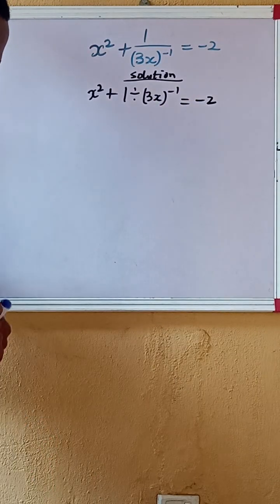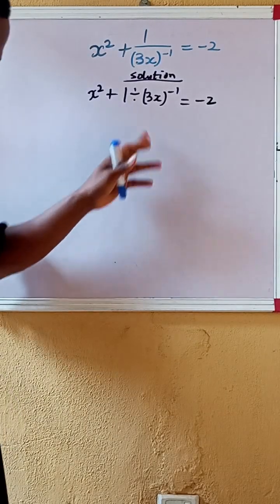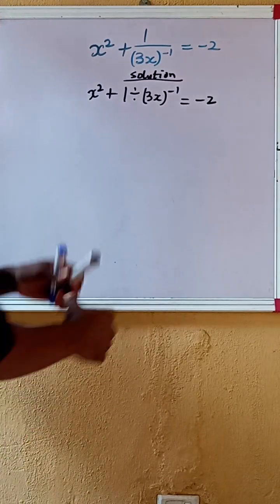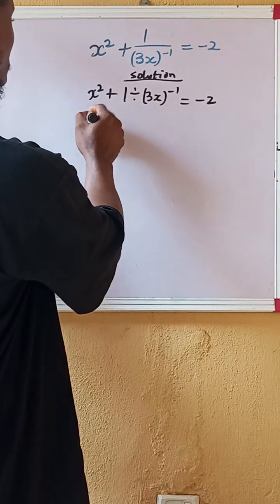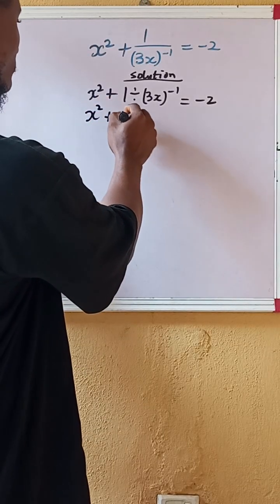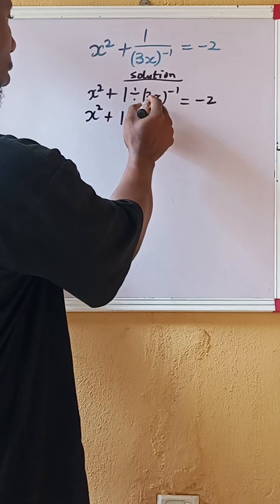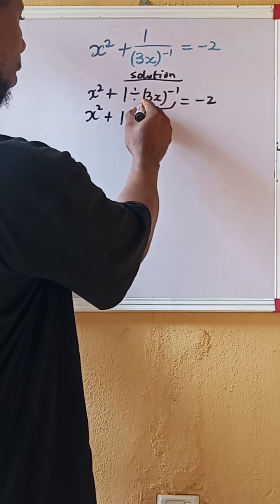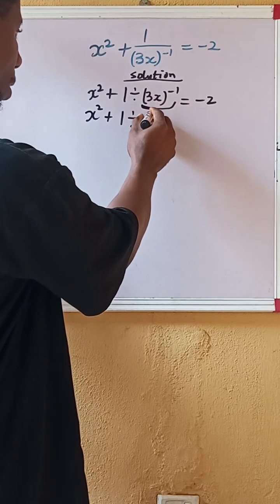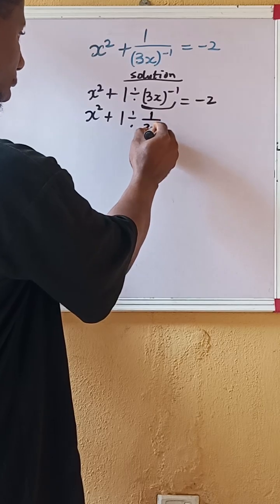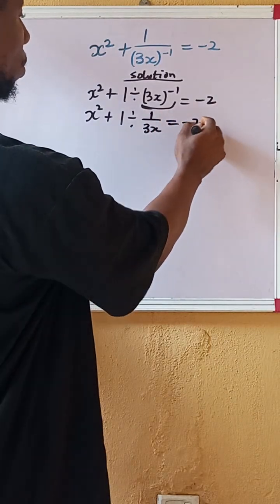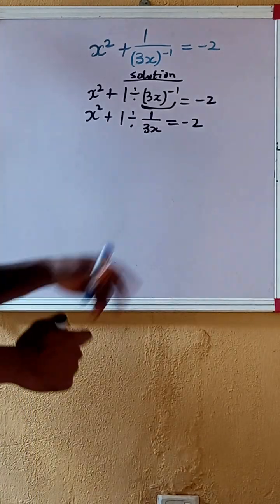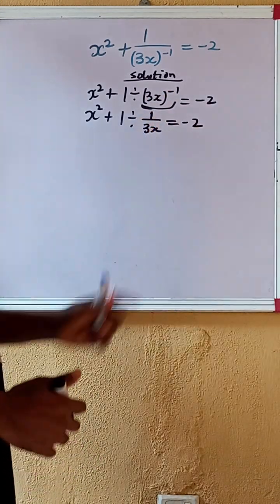All right? Now that we have written this, don't forget that this raised to the power of minus 1 will give us this. x squared plus 1 divided by, this 1 now, if we write it again, we are going to have 1 over 3x, which equals minus 2. Because of this minus 1, we get 1 over 3x.